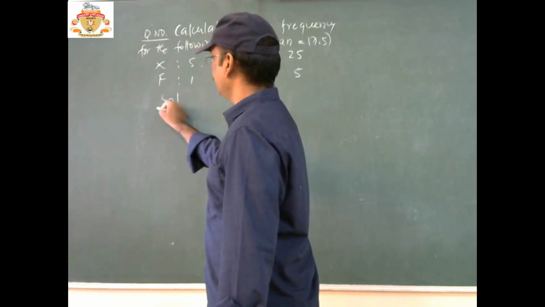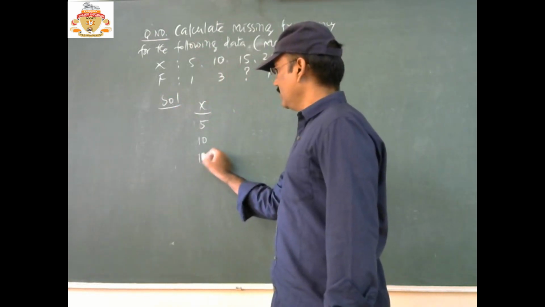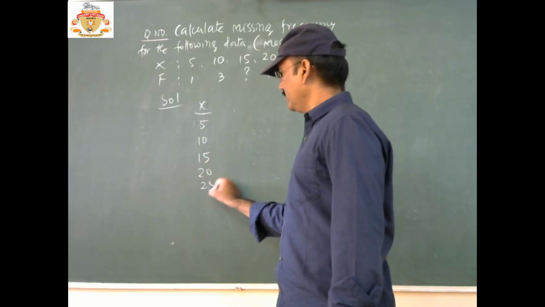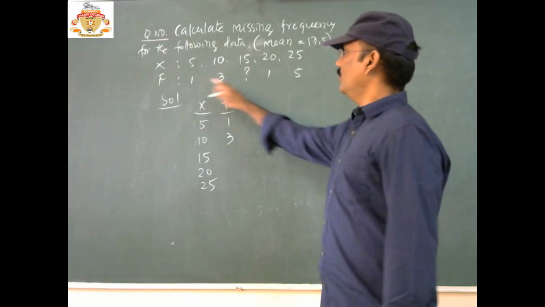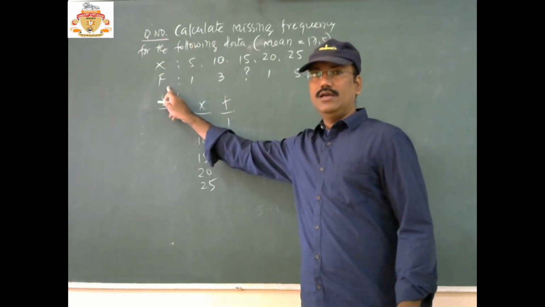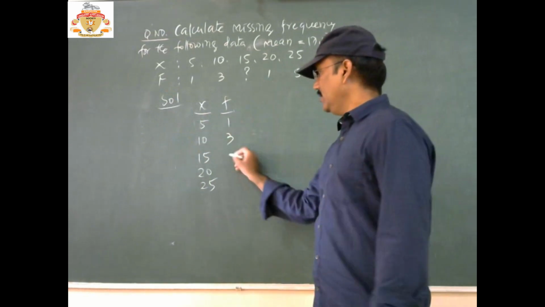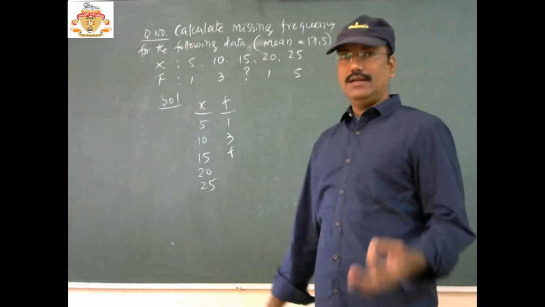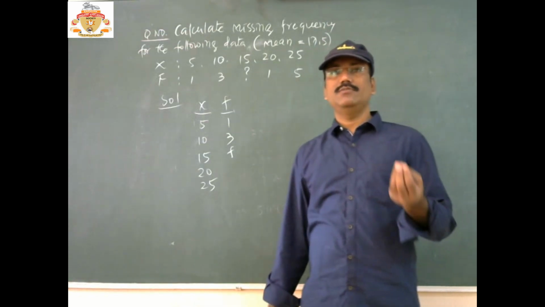So the solution now. x: 5, 10, 15, 20, 25. Frequency: 1, 3, f, 1, 5. Since this frequency is missing, we take f as the assumed value. In the exam you have to write it like this: let the missing frequency be f.